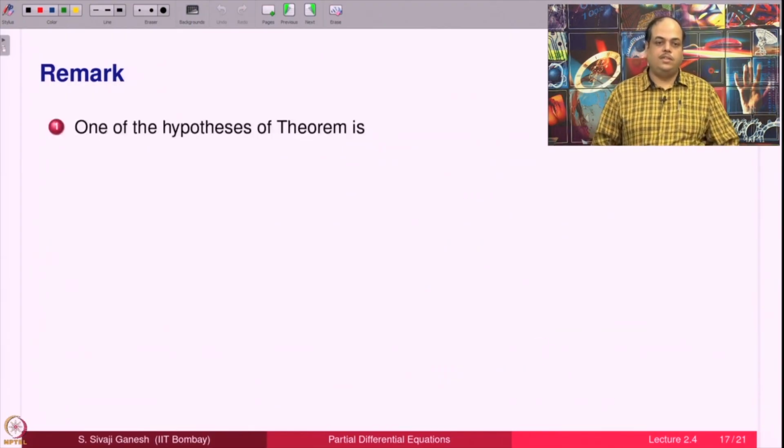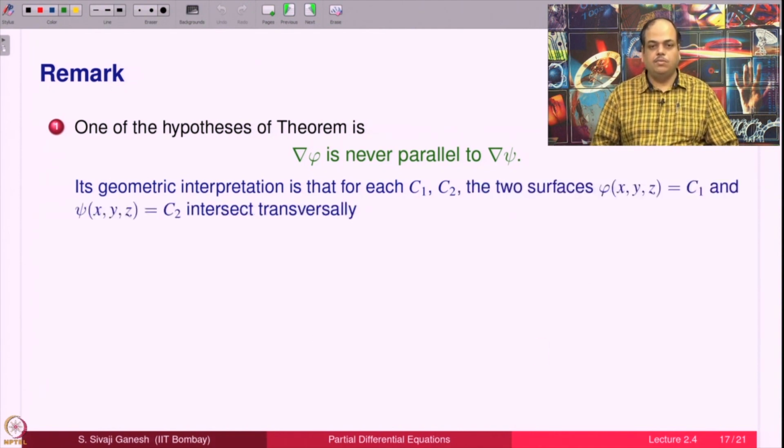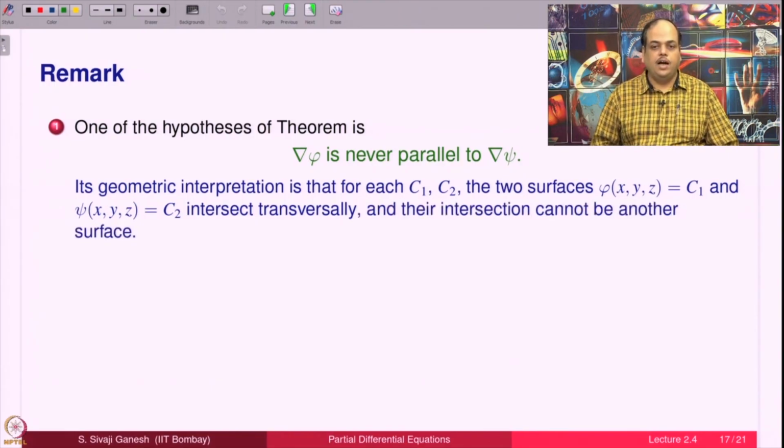So, one of the hypotheses of the theorem is that grad phi is never parallel to grad psi. What is the geometric interpretation? For each C1, C2, the surfaces phi equal to C1 and psi equal to C2 intersect transversally, and their intersection cannot be another surface, because the normals have different directions.